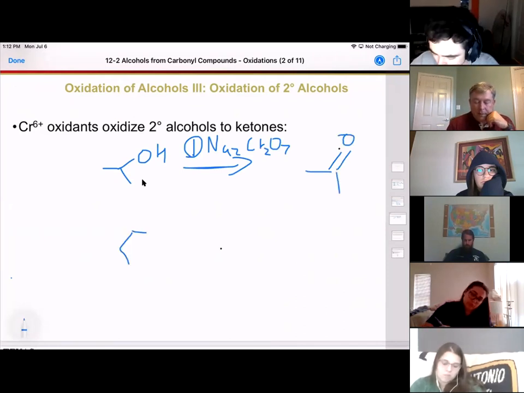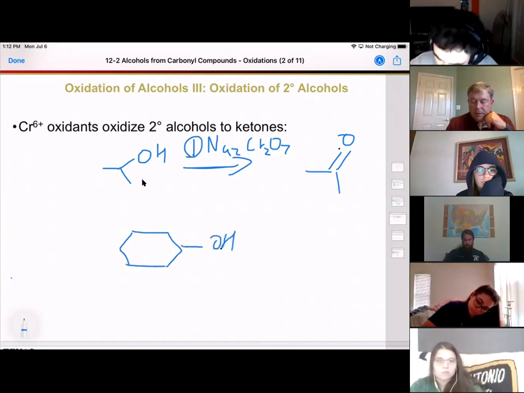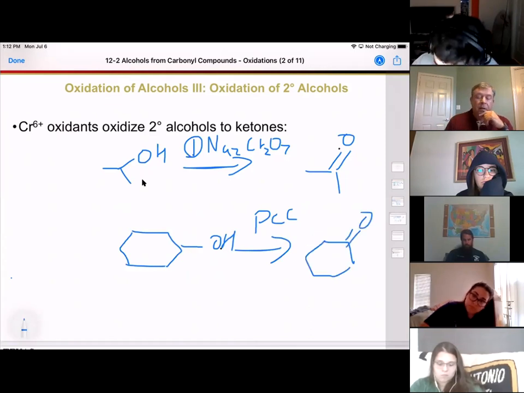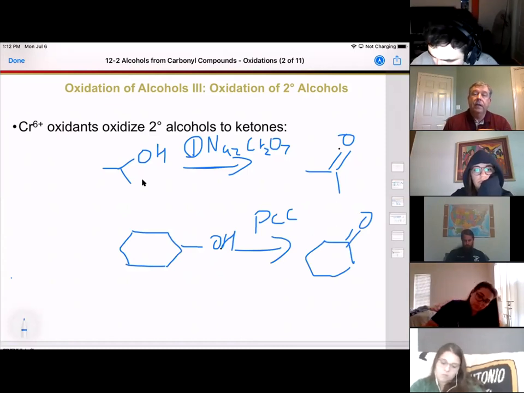And it turns out PCC is still oxidative enough to take any secondary alcohol down to a ketone as well. Okay, so it'll react with primary alcohols to give aldehydes, but secondary alcohols to give the ketone.